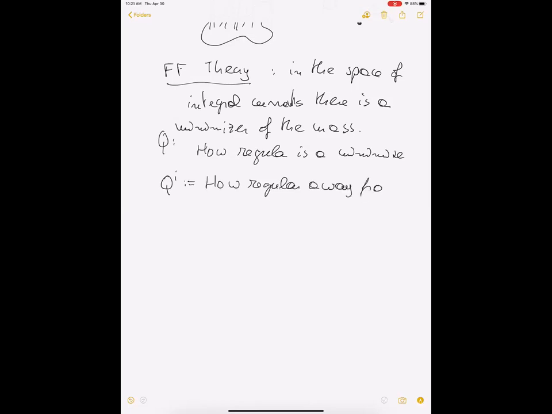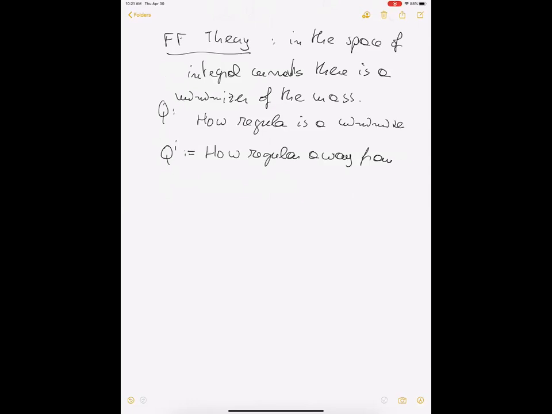And from now on, let us put for convenience that the boundary is gamma. And so this is interior regularity. And of course, you have a twin question, which is what happens at the boundary.